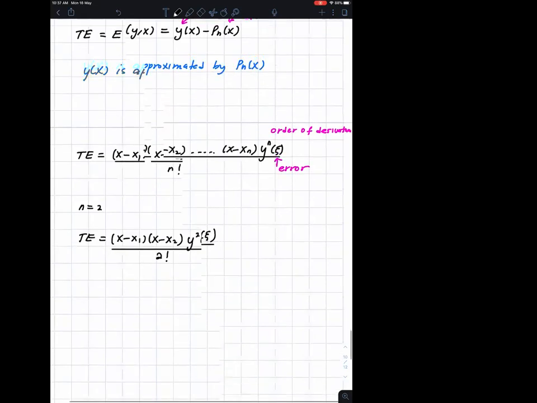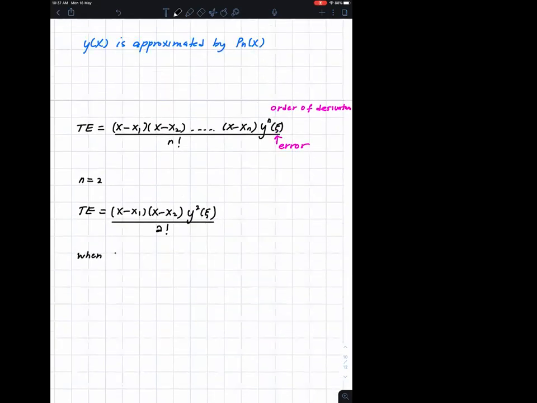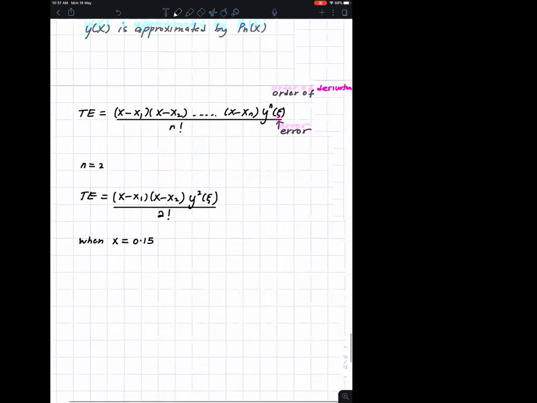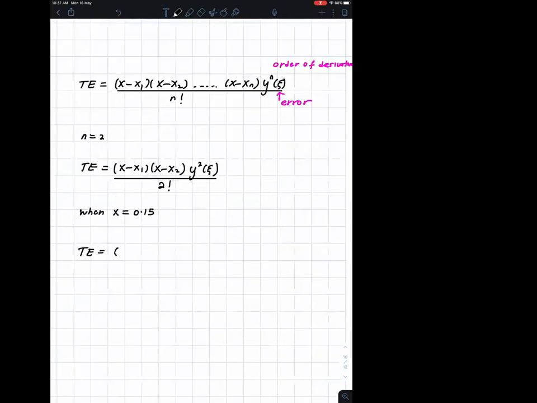So when x equals 0.15, you plug in those values in the TE. X is 0.15, so this is going to be 0.15. X1 is already given in the table.